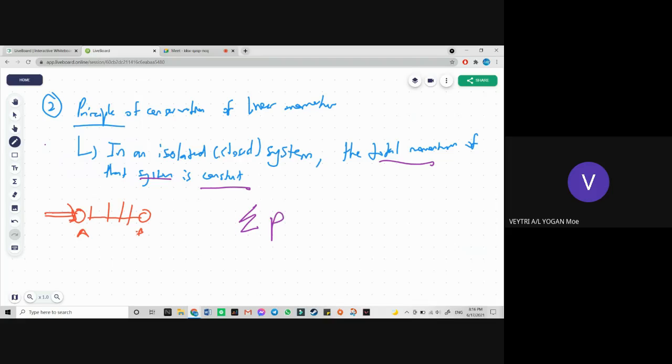Jadi, sum of initial momentum equals to sum of final momentum. Boleh juga jadi sum of tadi P equals to apa? MV kan? MIVI atau initial mass, initial velocity. Selalunya final dengan initial mass will be the same because we're talking about the same object, okay? Equals to, okay, same thing. Kenapa? P equals to MV. So initial momentum equals to final momentum.